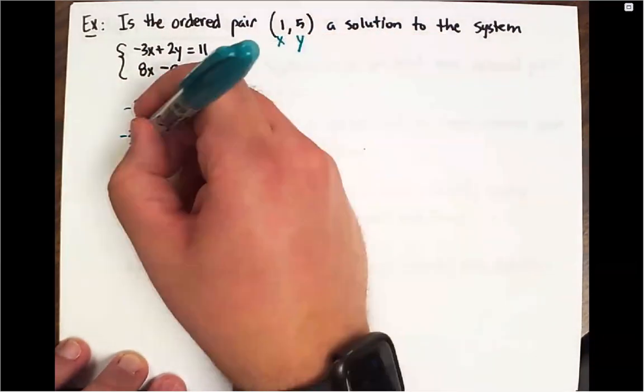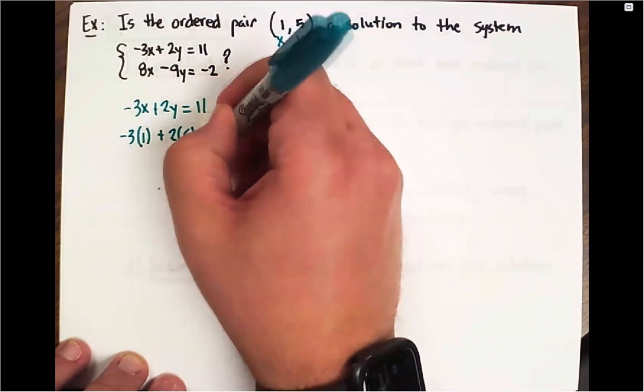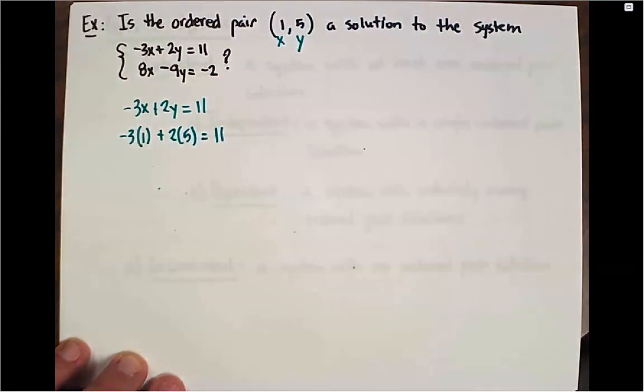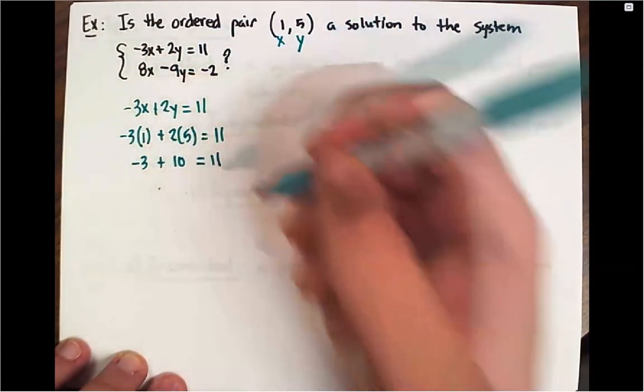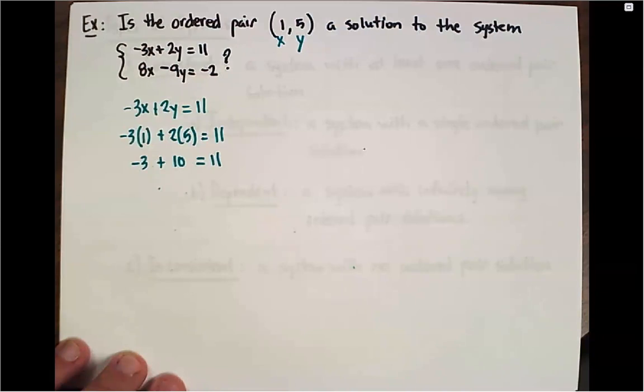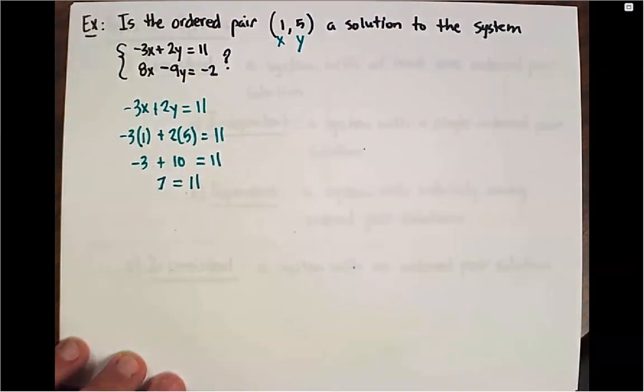So is negative 3 times 1 plus 2 times 5 equal to 11? Negative 3 plus 10, that's 7, isn't it? Does 7 equal 11? No.